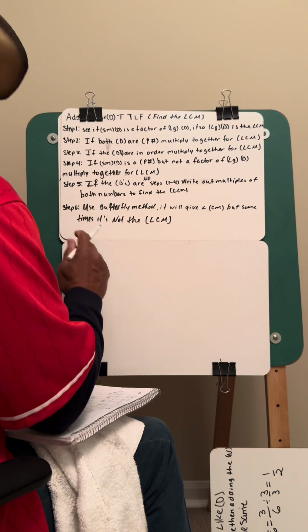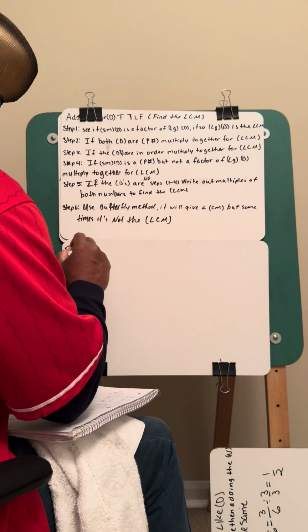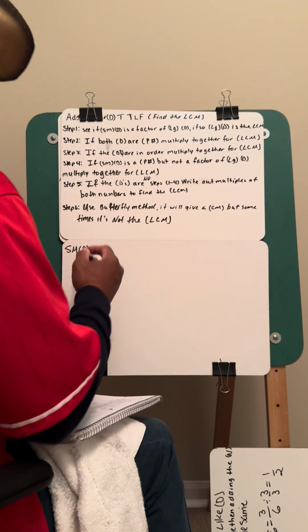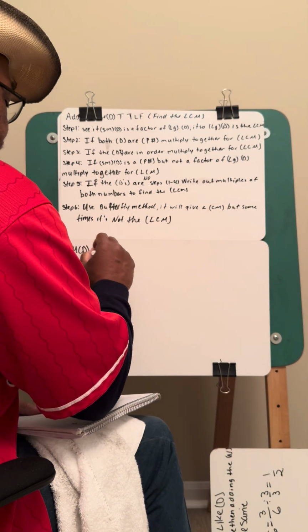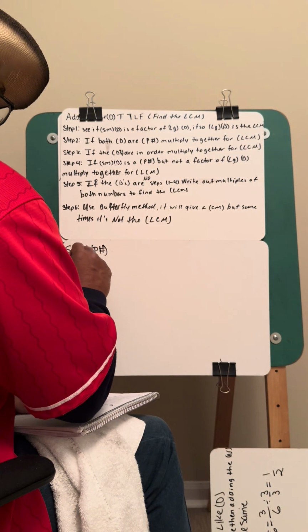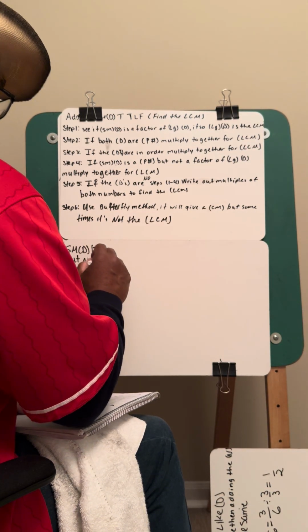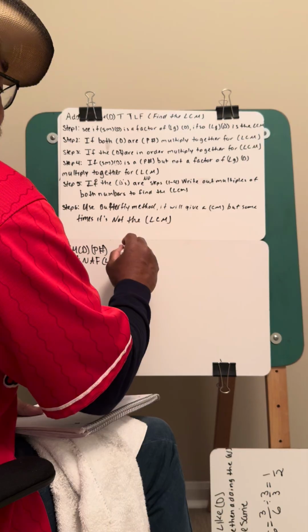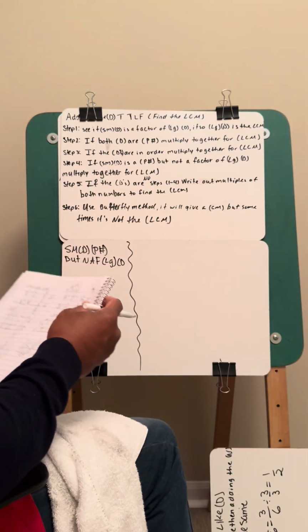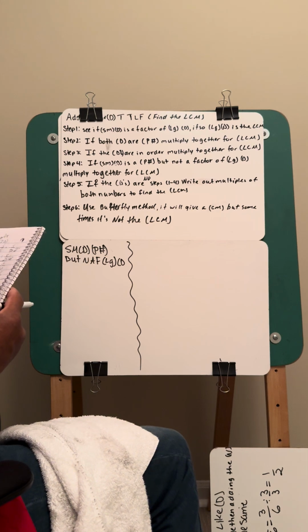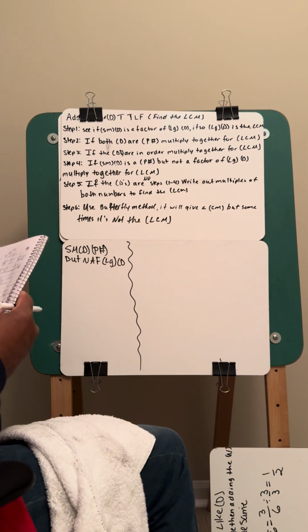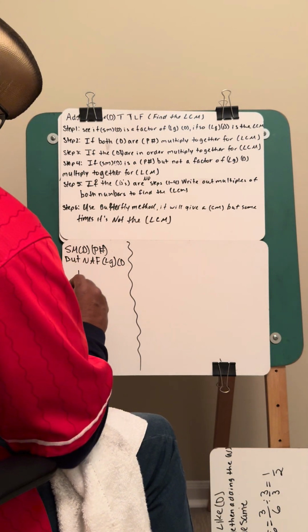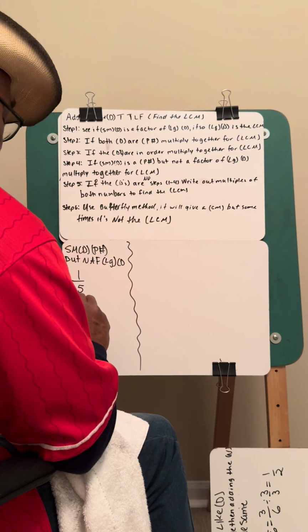Small denominator is a prime number, but not a factor of large denominator. So that could be 1/5 plus 2/8.